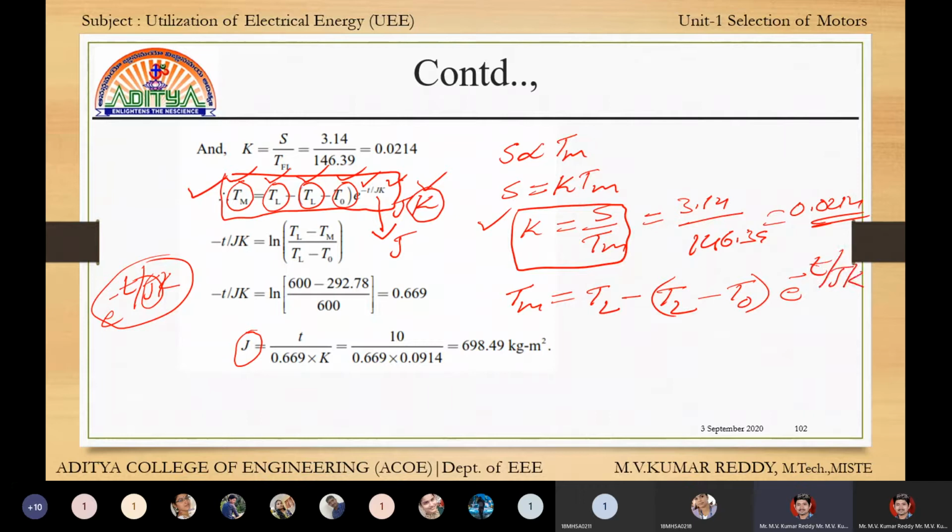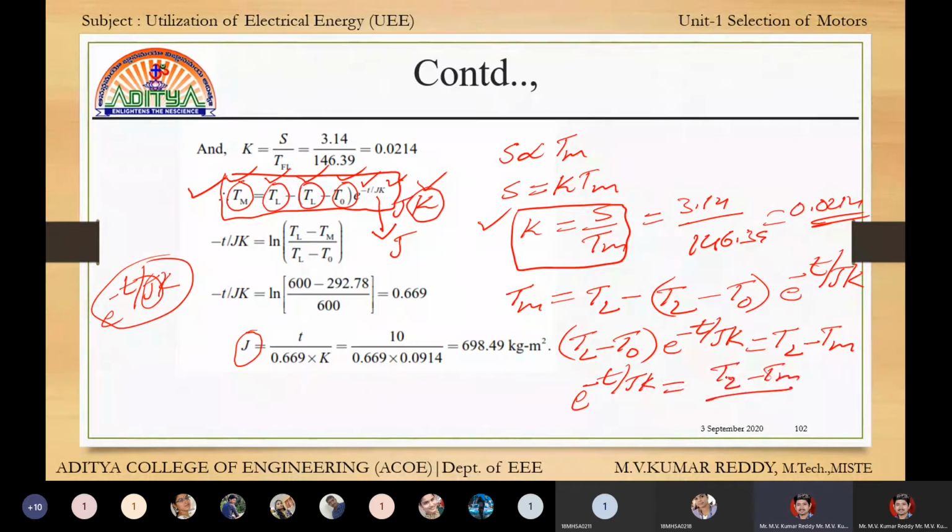Now we change this formula to find j. TL minus T naught into e power minus t by jk is equal to TL minus Tm, so e power minus t by jk is equal to (TL minus Tm) by (TL minus T naught).